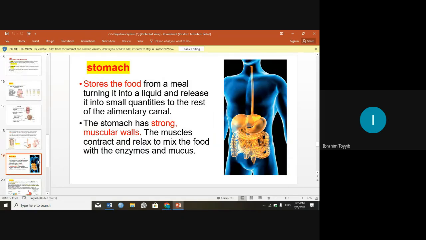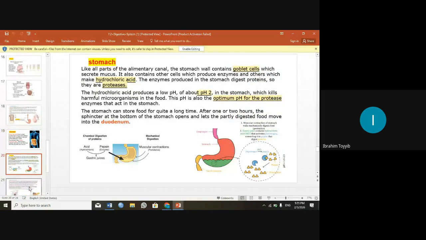So look at this. This is what happens in the stomach. In the stomach, pepsinogen, in the presence of, okay, look at what we have here.